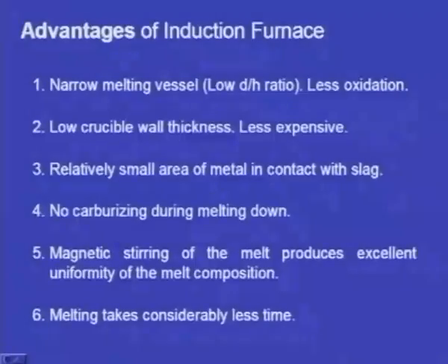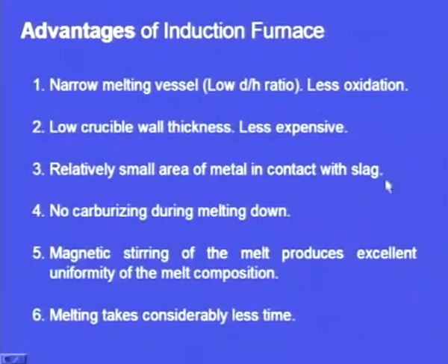Every time when we melt in a crucible, the upper surface is exposed to the atmosphere. That will result in oxidation, and here the diameter is low, because of that lesser surface is exposed to the atmosphere. So, this results in lesser oxidation. This is an advantage in the case of the induction furnace.